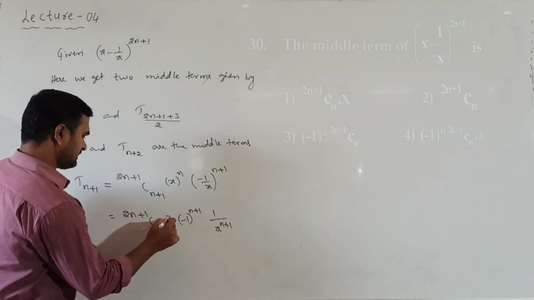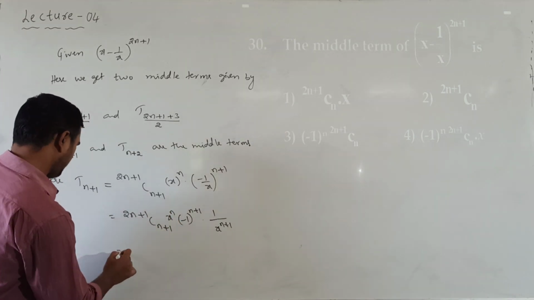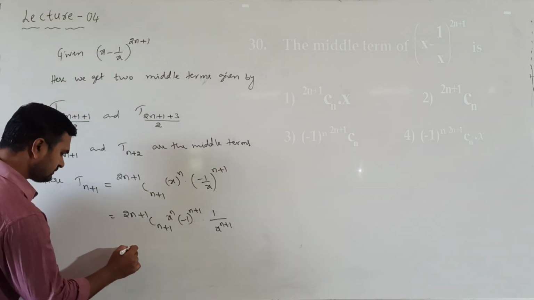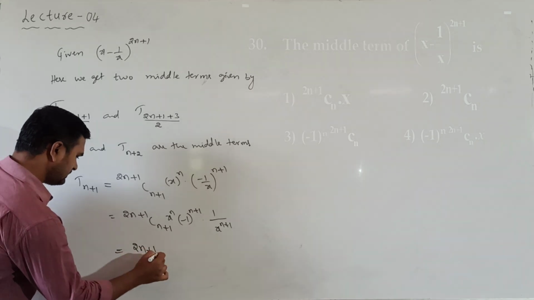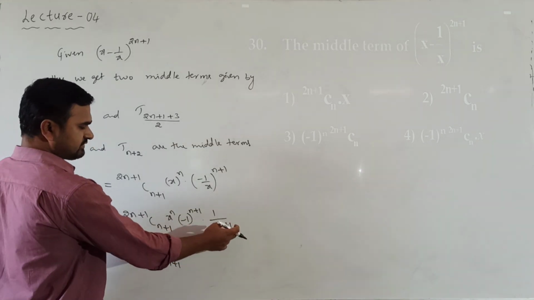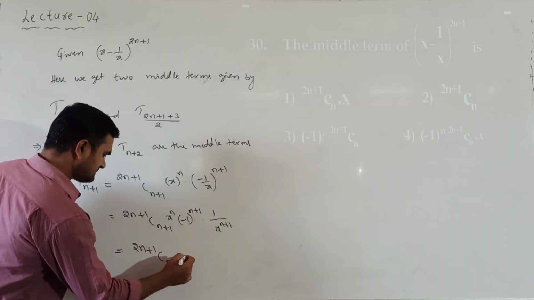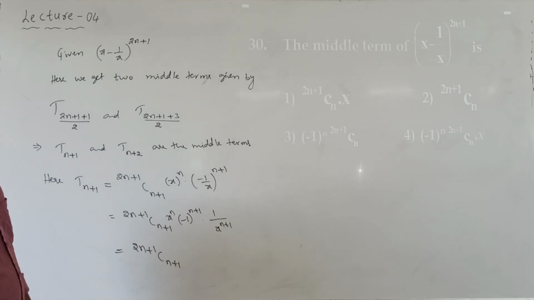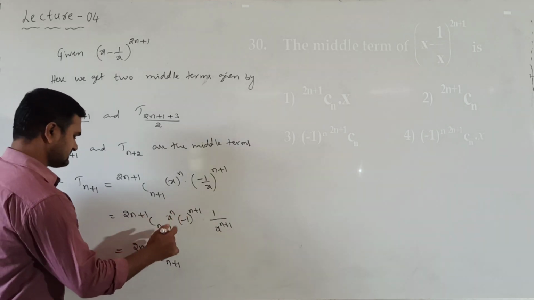So x power n divided by x power n plus 1 is 1 by x, and we need minus 1 power n plus 1.